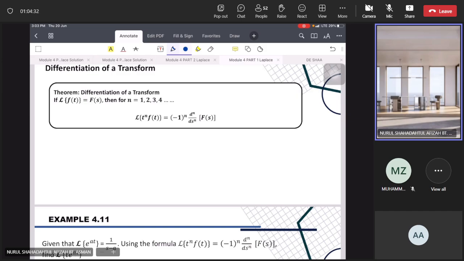So how to remember the normal one: you just have t in here.